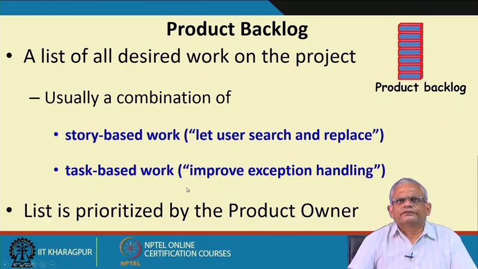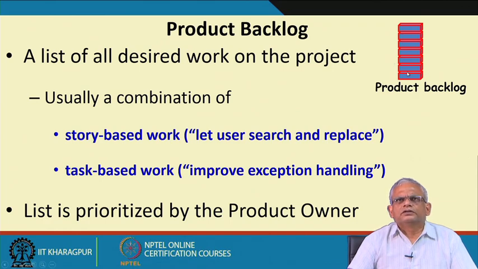The second category of items that are also present are the task based items. The task based items are like improve exception handling, because till now what was implemented is that the exception handling works, but not that well. And then an item in the product backlog will be introduced, that is, improve the exception handling.